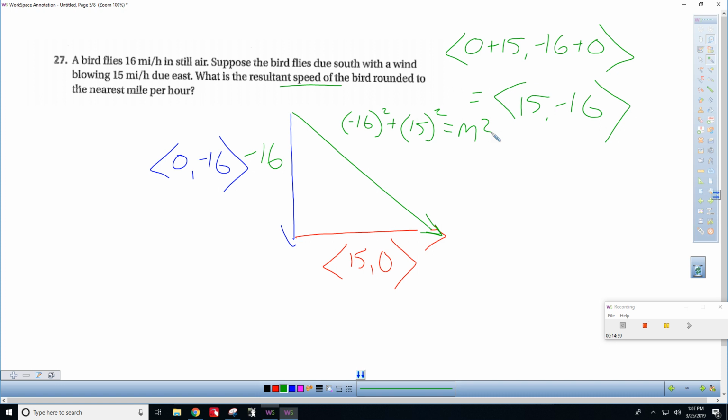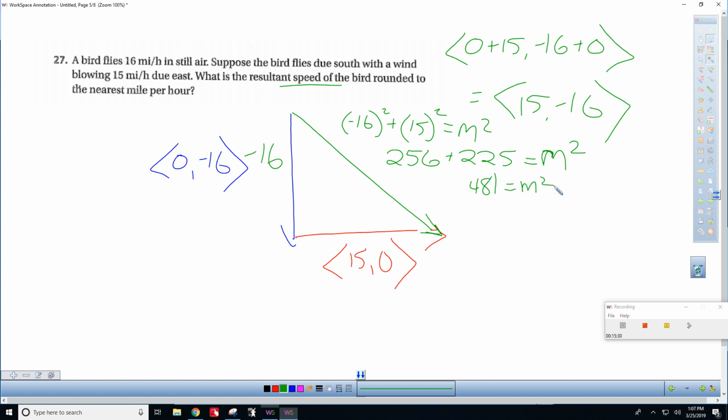16 squared is 256. I should know that. It's been a long break. 15 squared is 225. Notice that those become positive, so we're just adding that up and then taking the square root of 481.